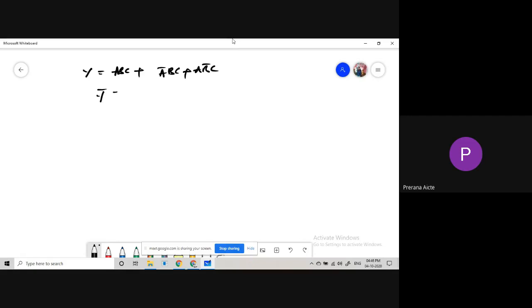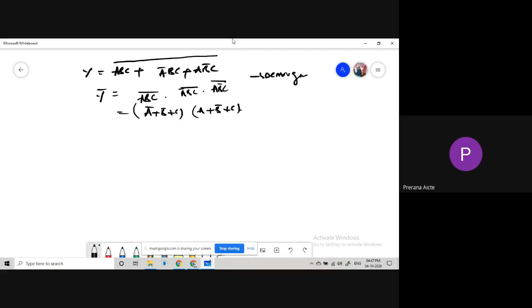So y bar is nothing but we are applying the entire bar: abc bar dot a bar bc bar dot a b bar c whole bar. Here we are using De Morgan's theorem. So it becomes a bar plus b bar plus c bar, a plus b bar plus c, and a bar plus b plus c bar. So this one is the complement of the function.